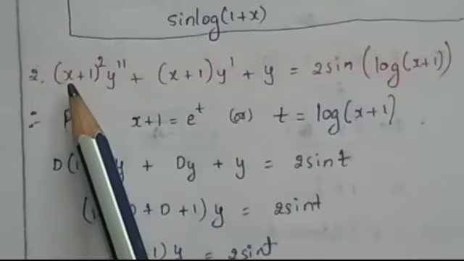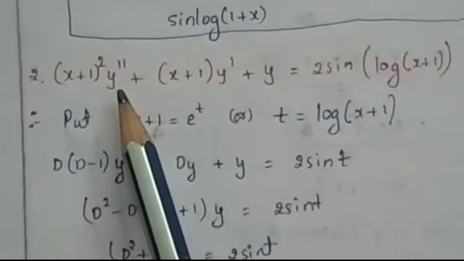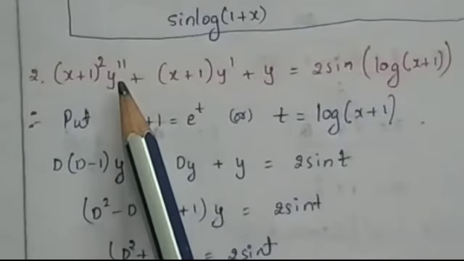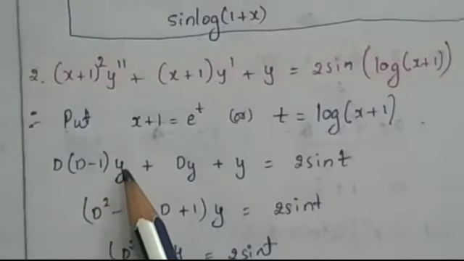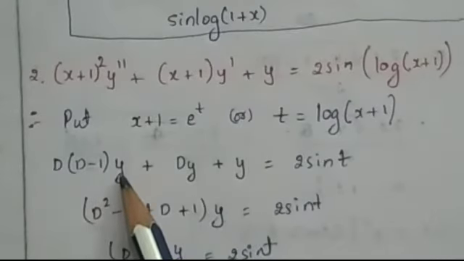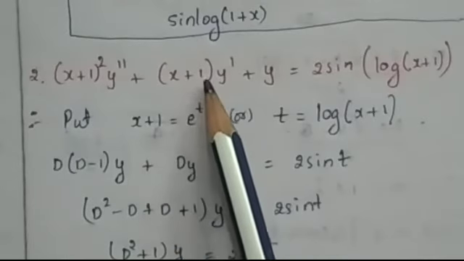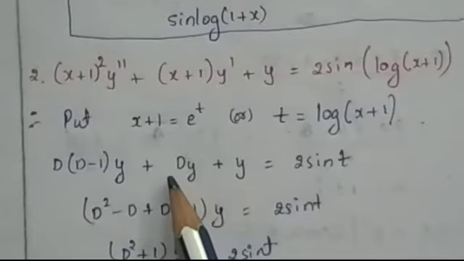Okay, it is of the form (ax plus b) whole square d square y by dx square, which can be written as a square into D into (D minus 1) into y. A value is 1, so you get D into (D minus 1) into y, plus (ax plus b) dy by dx, which is nothing but a into Dy.